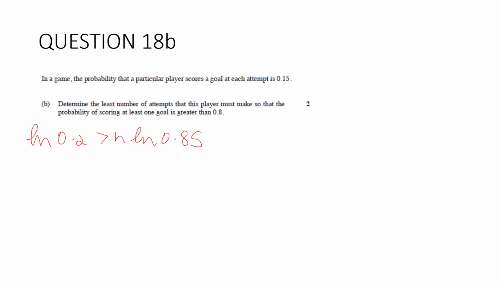Now we want to divide both sides by ln 0.85, but here's the problem. This is negative. Like ln of 0.85 is negative 0.16. So when I divide by a negative with an inequality, it's going to switch this inequality sign.